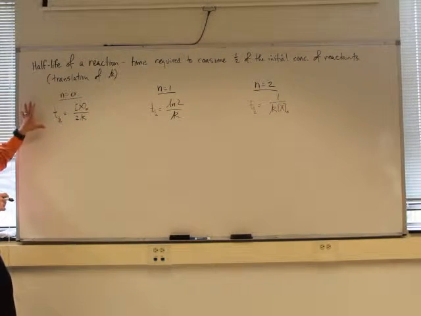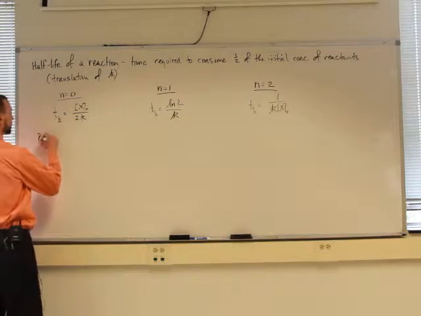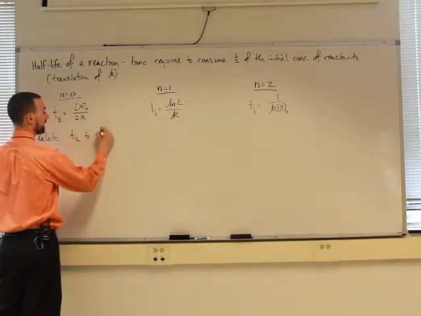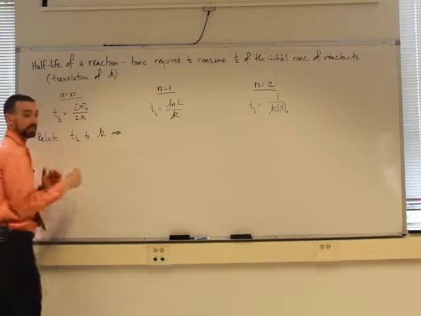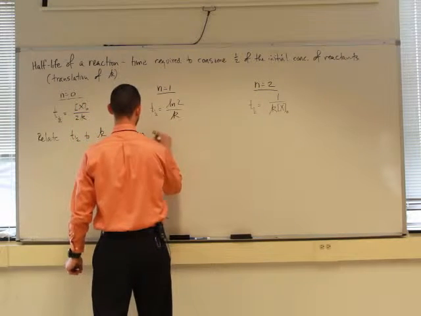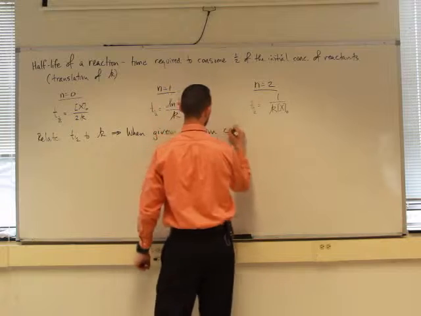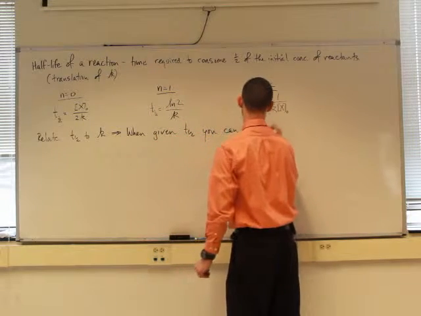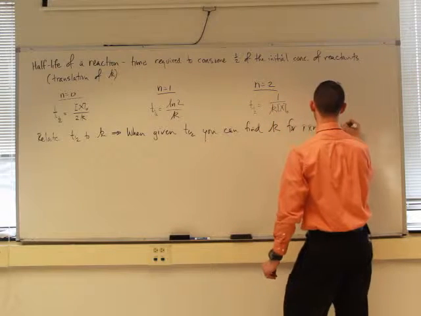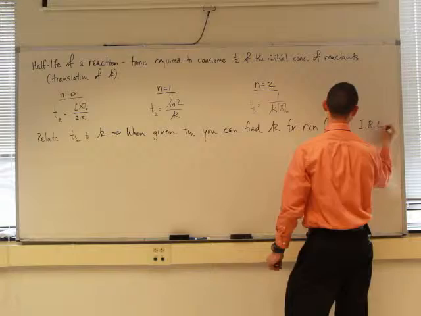So we've got these 3 different equations here, and their real job is to relate the half-life to the rate constant. The subtext here is that when given the half-life, you can find k for the reaction, which you'll then use in the integrated rate law.